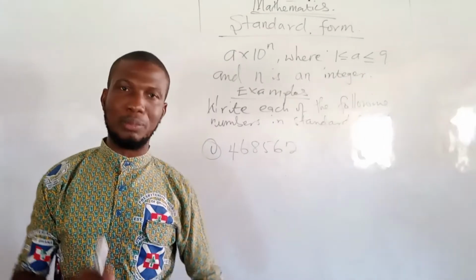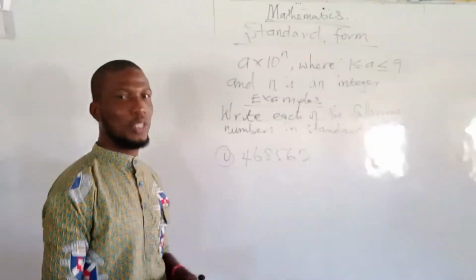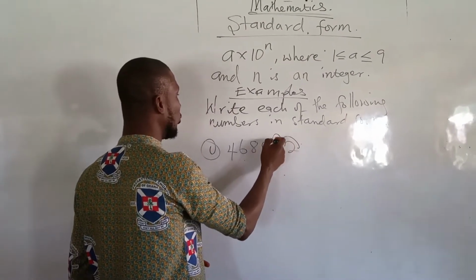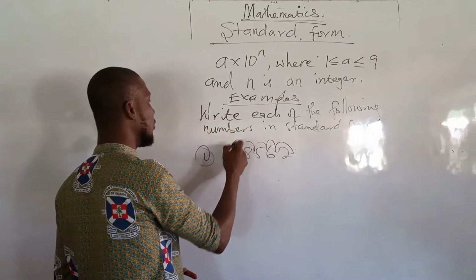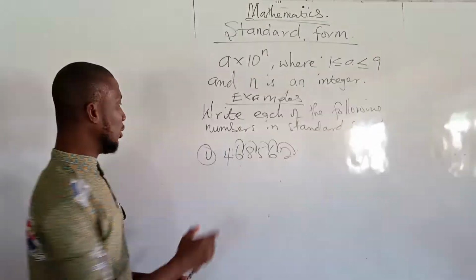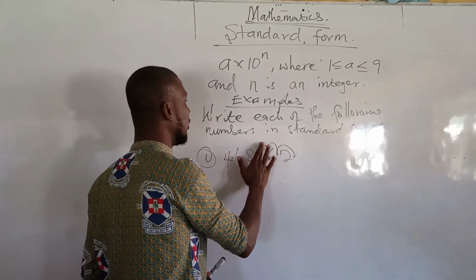So here we are just going to move the point from the far end, and let me repeat that. For every whole number, the decimal point is after the last digit. So here our point is here. We move it: 1, 2, 3, 4, 5. It moves 5 times to come between our first and second significant figures.